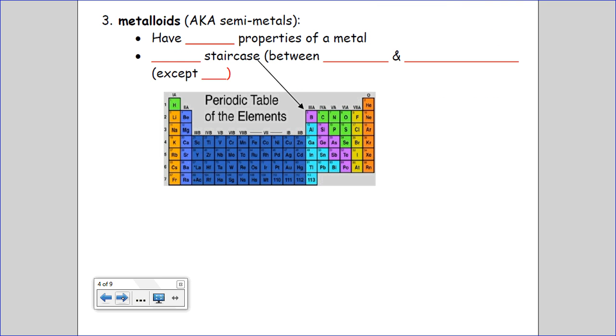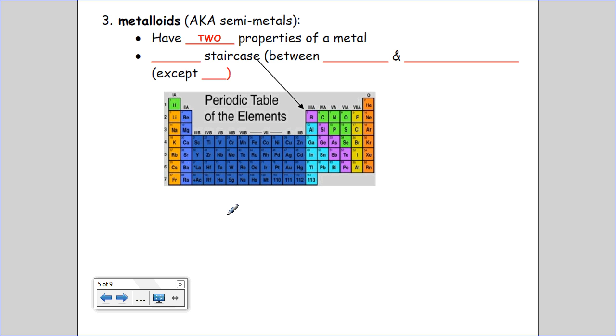Okay, so now we're into my favorites. These are the bestest. The metalloids, one in particular, makes this video possible. They have two properties of a metal, meaning they like to be either malleable or conduct heat, but they might be brittle, or they don't conduct heat very well. So metalloids kind of walk the line of this staircase.